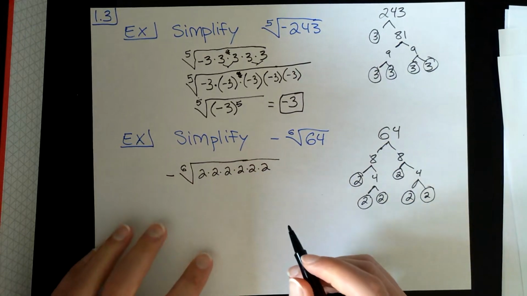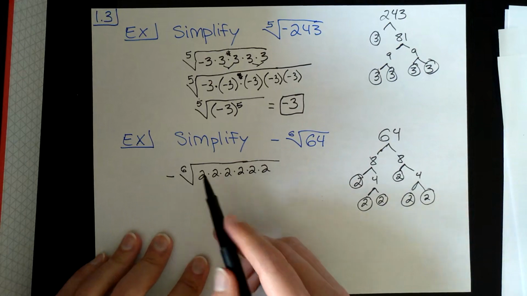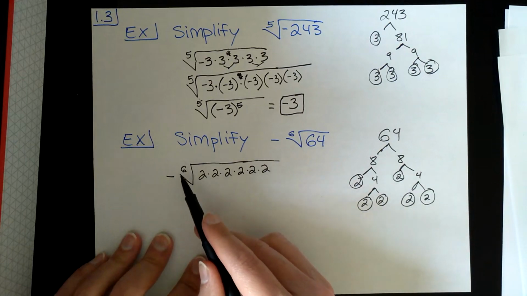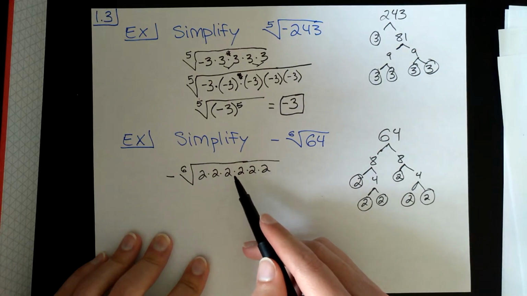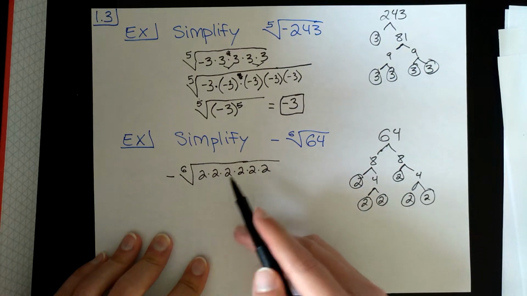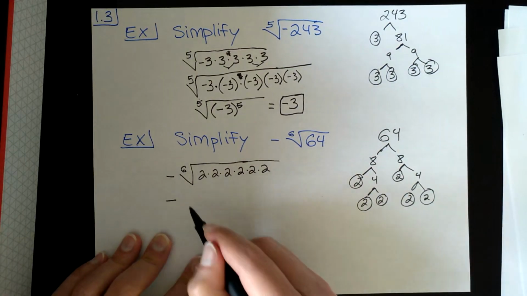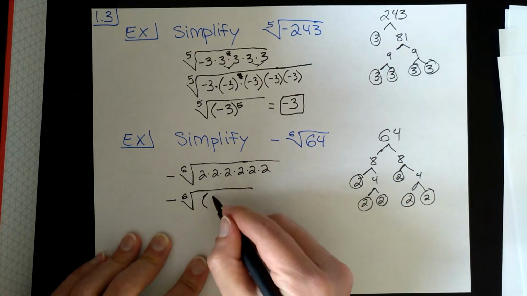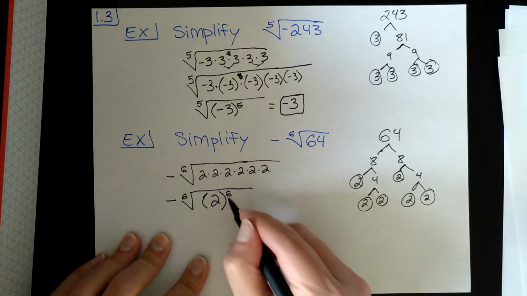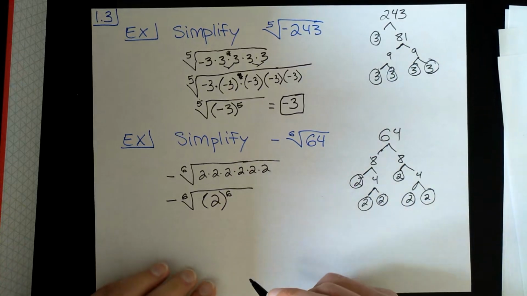There's a lot of 2's here. And now this 6th root tells us that we need to get a 6th power inside of this radical. So we're going to change this to the negative 6th root of 2 to the 6th power.